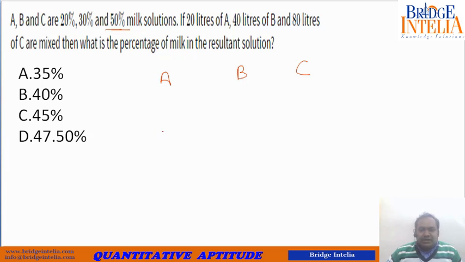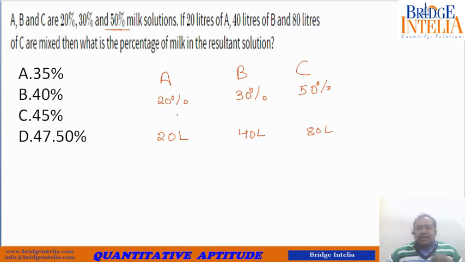In what quantities? 20 liters, 40 liters, 80 liters. What is their strength? 20%, 30% and 50%. What is the question? So if they are mixed, we have to find the resultant strength.